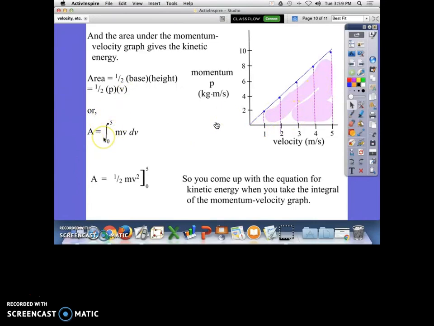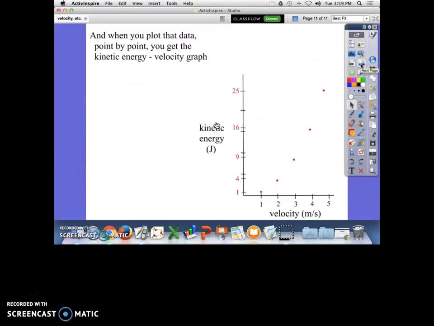Or we could integrate that. And we didn't have to integrate it because everything's linear so far, but if this wasn't a straight line, if it was some sort of a curved function, you'd have to integrate it. So from 0 to 5 of mv dv, well, when you take the integral of that, you end up with 1/2 mv squared, which is kinetic energy, all over again.